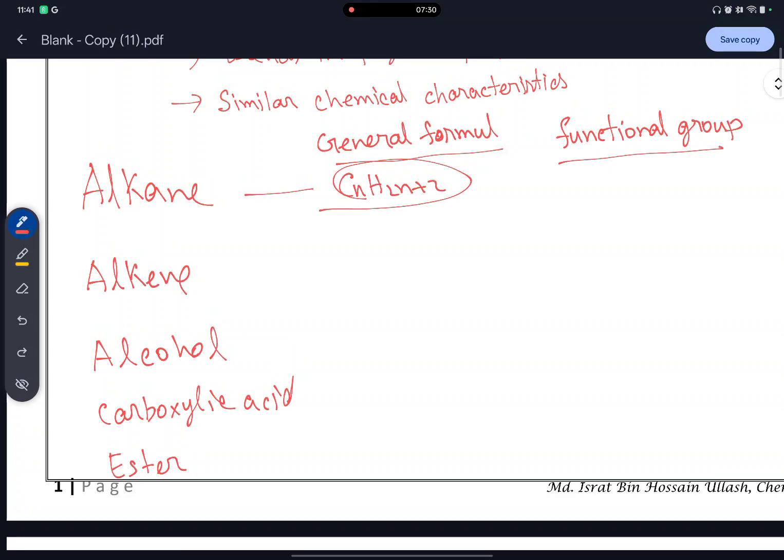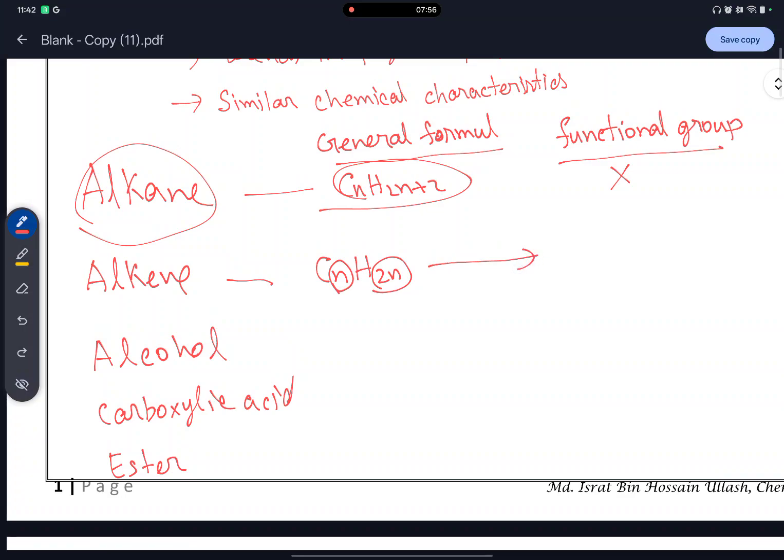Functional groups are a group of atoms that control the chemical properties and physical properties of a group. Alkane doesn't have any functional group, so nil. There is no functional group in here. Alkene has a general formula of CnH2n. That means whatever the number of carbons will be, the hydrogen number will be double.